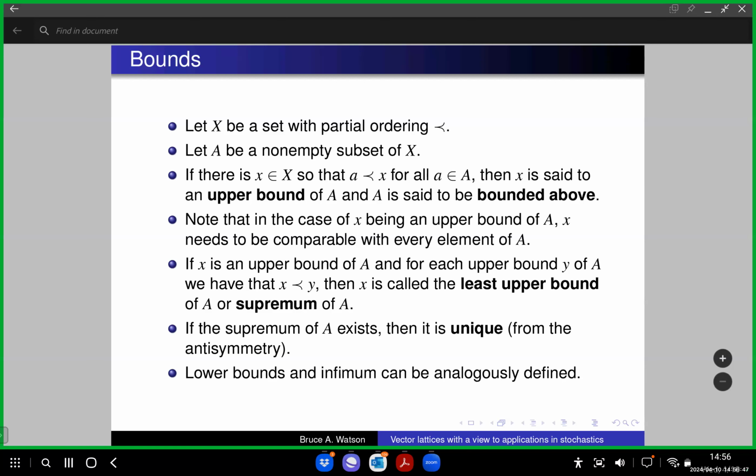We will not be looking at physics per se, no. The aim here is to try and get towards stochastics, and so it's quite focused in that direction. But if you want to do physics in a partially ordered space and study it in that sense, the tools will be very similar.